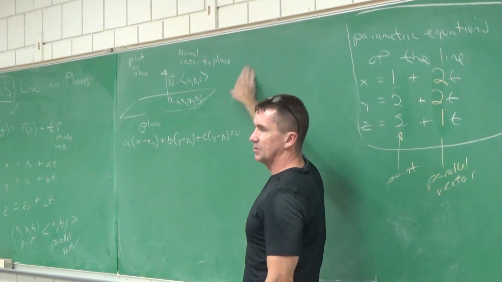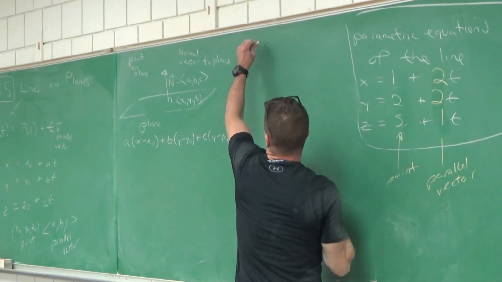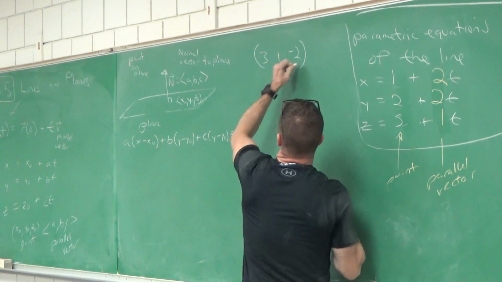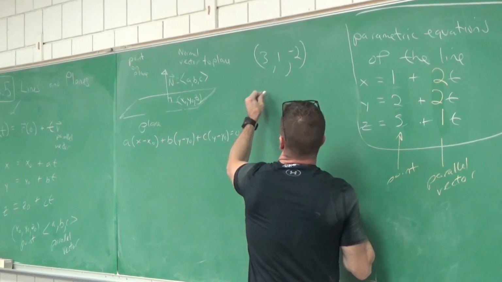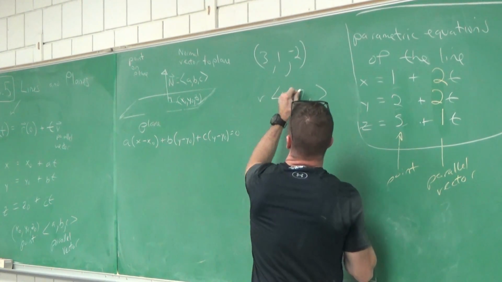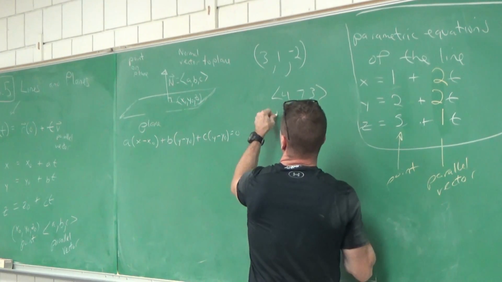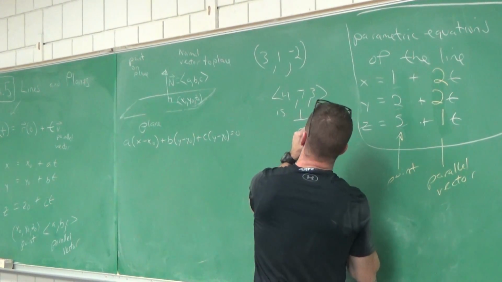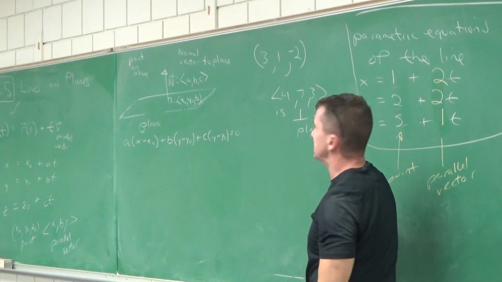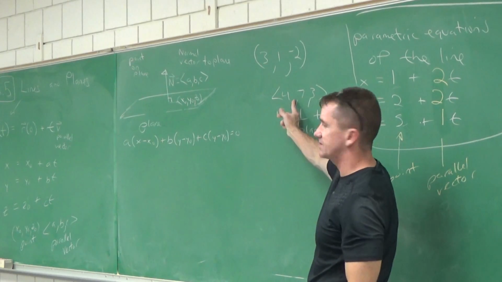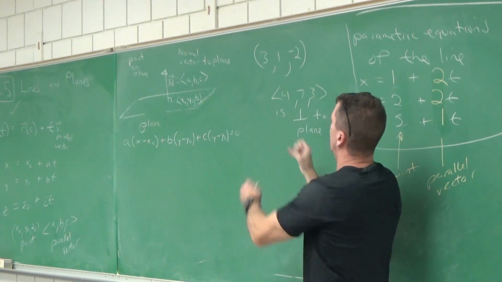Hey, let's do another simple one. Make up a point. 3, 1, -2. All right? Make up a vector. 4, 7, 3. Now this vector he made up is normal, is perpendicular to the plane. Give me the equation of the plane. Find the equation of the plane where that's the vector that's perpendicular to the plane, and that's the point on the plane.